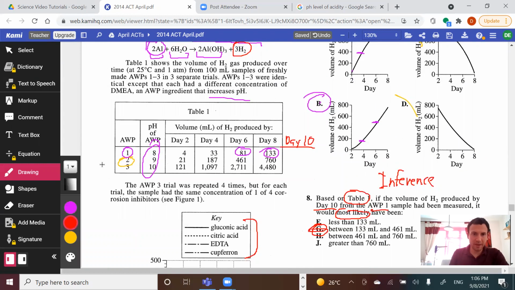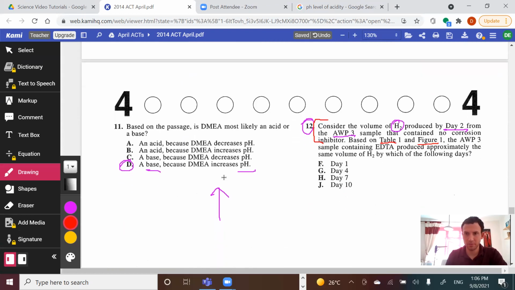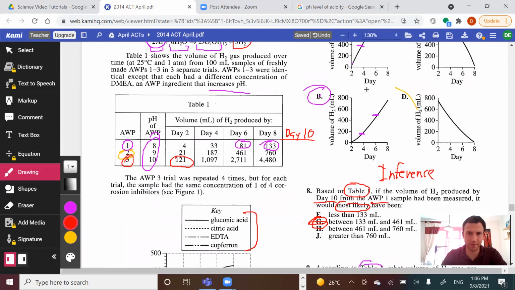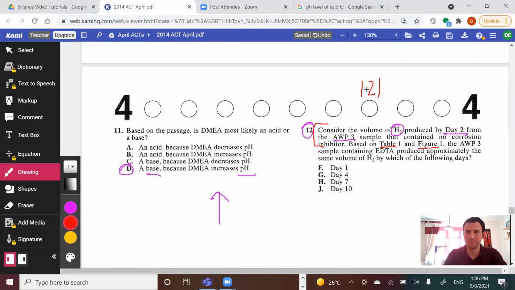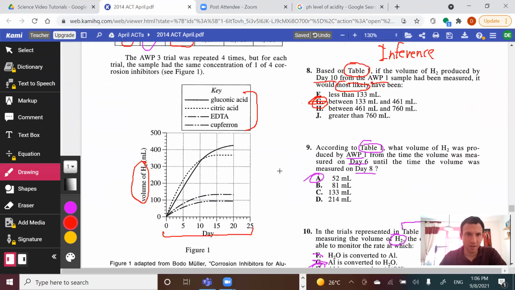AWP3, day 2, we get 121 H2. So our H2 output is 121, I think it was milligrams, or milliliters, sorry. Now it says the AWP3 sample containing EDTA produced approximately the same amount, so 121, by which of the following days? So let's look up.